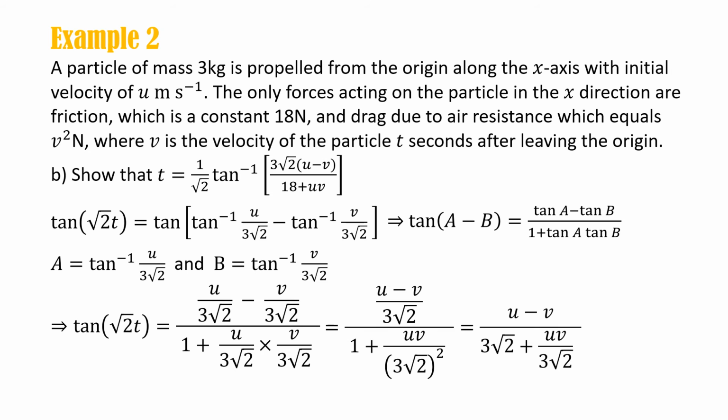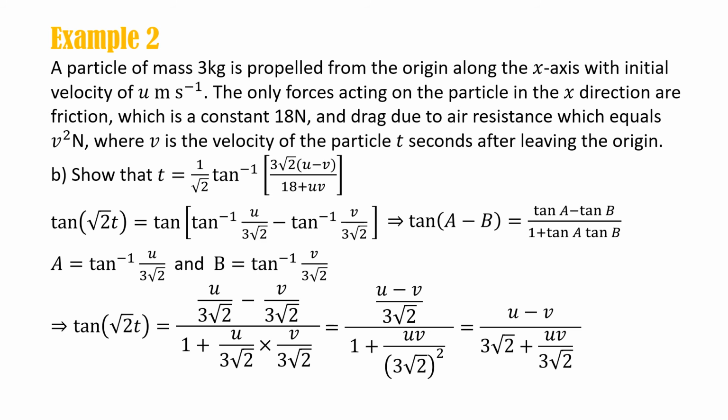So we're going to be left with u minus v all over 3 root 2 plus uv on 3 root 2. We've still got 3 root 2's there, so basically we want to rationalize that denominator now. We're going to multiply both again by 3 root 2 on 3 root 2. So on the top, we're going to have 3 root 2 lots of u minus v.